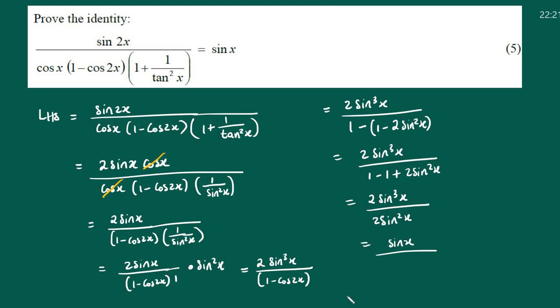So what I can say to you is that every identity you are able to prove it. Hopefully the person who came up with it made sure that it has a solution. Every identity you can prove it, but the methods of proving, right? I think you can see.